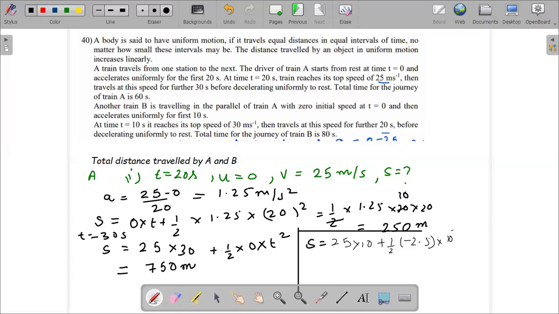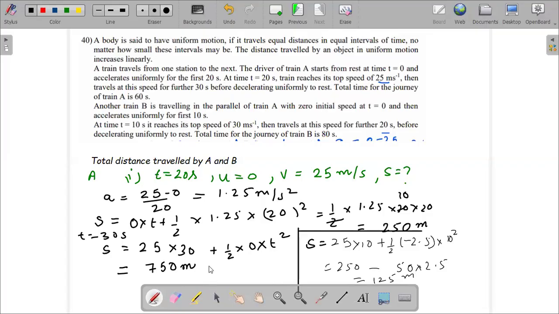So t is 10, you obtain here 10 squared. So you get 250, not plus, minus 100 over 2, that is 50, multiplied with 2.5. 50 multiplied with 2.5 is 125. So 125 subtracted, you get 125.